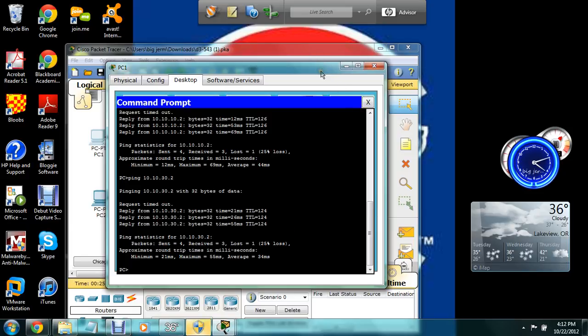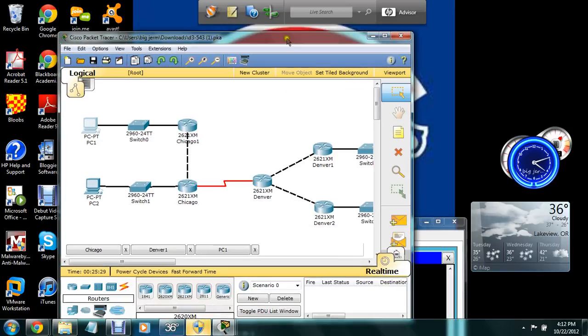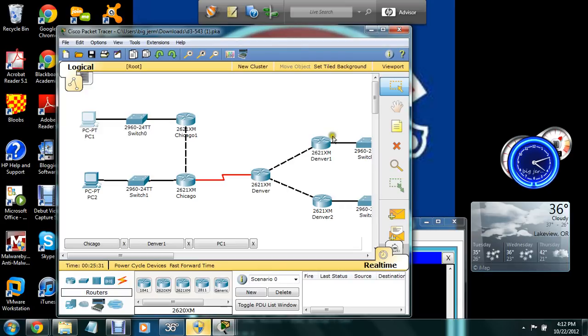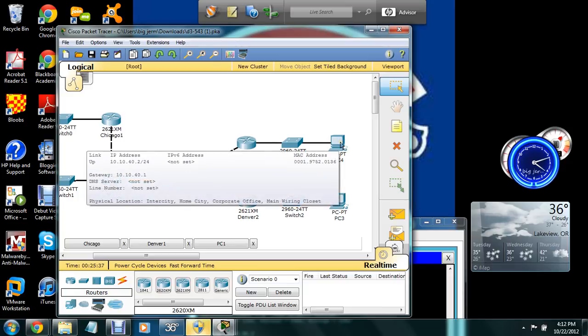And it's wanting us to go again from PC4 and start pinging the other ones, but I don't see why we should do that if we're getting our packets sent through these connections. There's no reason to do it twice. So we're going to go 10.10.40.2.